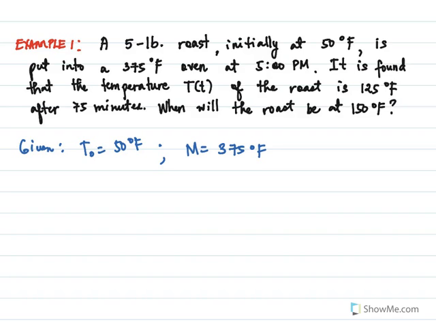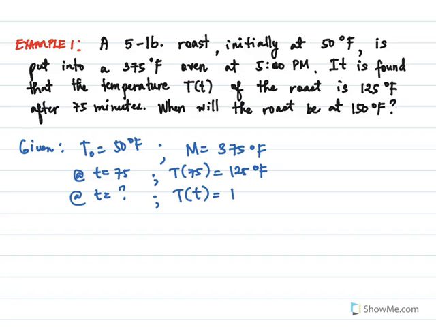And then, we know also that at time equal to 75 minutes, temperature at 75 is 125 Fahrenheit. And we want to find the time when the temperature T of t is 150 degrees Fahrenheit.